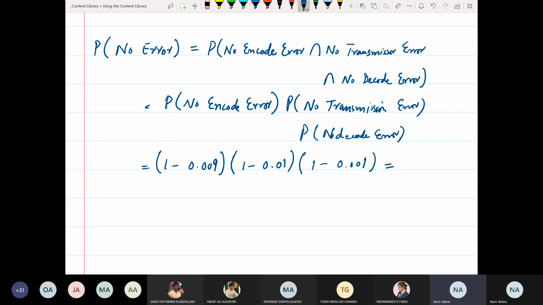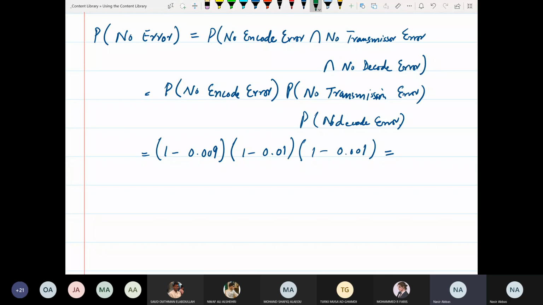But there is an easier, or I would say indirect method of doing this question. Like Faris was saying, you take the union and then you take the complement of that union. That means from the first step, when you say probability of no error, you convert it to complement: 1 minus probability of at least one error.